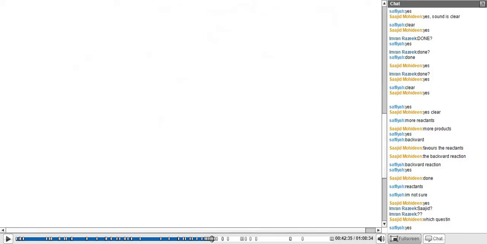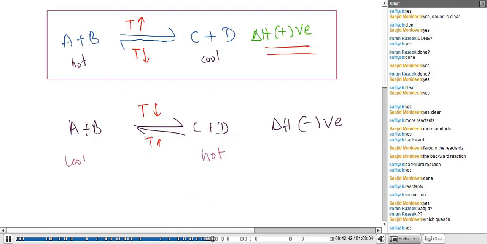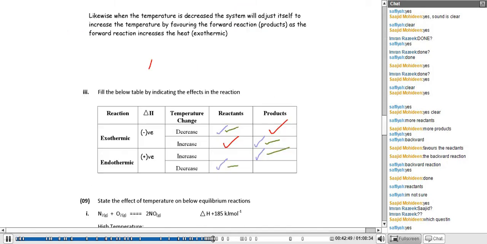So the opposite is for when the temperature increases. When temperature increases, system will adjust itself to decrease temperature. It is favoring the backward reaction. This is correct. The next one, endothermic, is correct. If you increase temperature, it favors the products because products are cooler and they absorb heat.